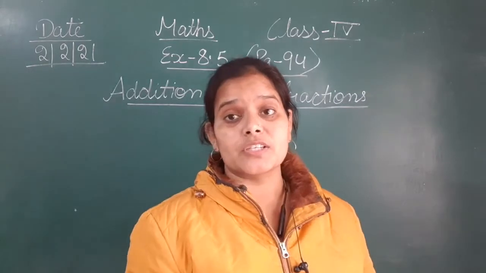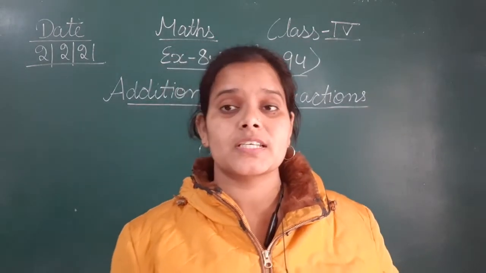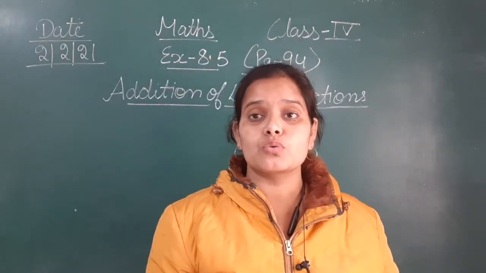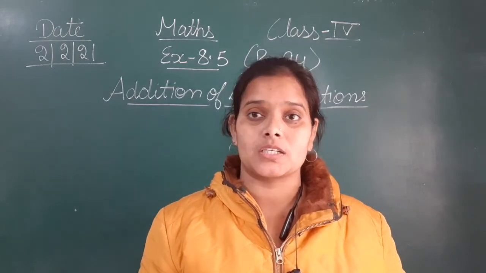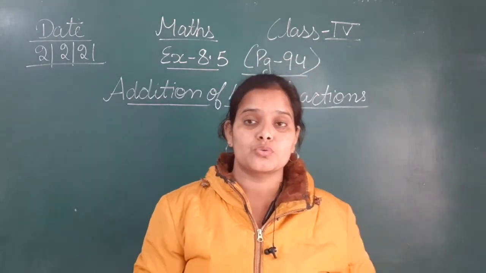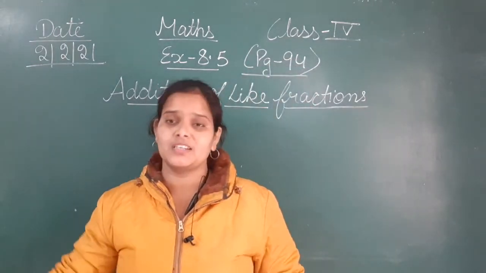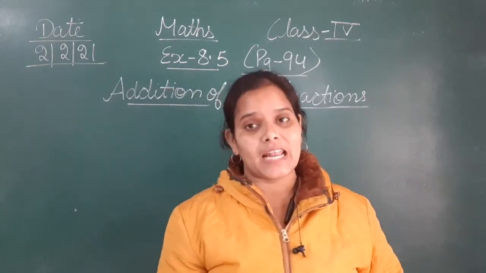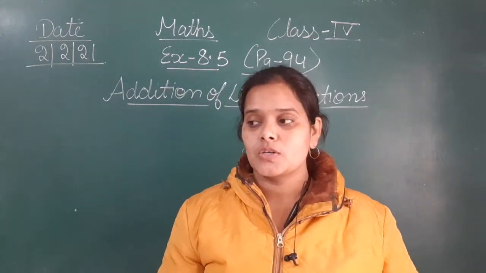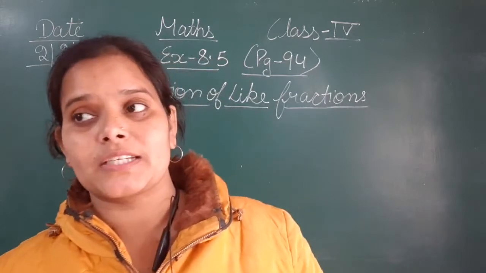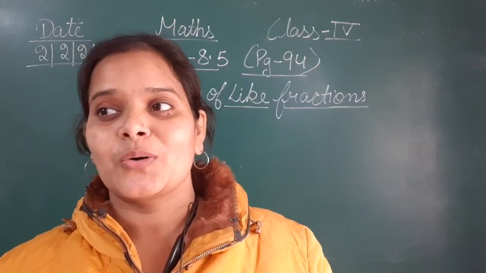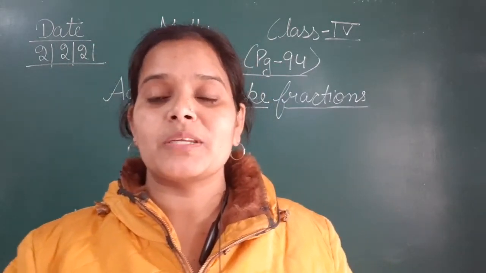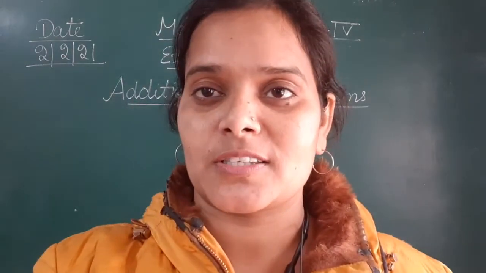Like fractions क्या होती हैं? The like fractions are the fractions that have the same denominator. So the fractions that have the same denominator are termed as like fractions. Okay, that means उन सबका जो denominator हो बिल्कुल same होगा. That fractions will be termed as like fractions.